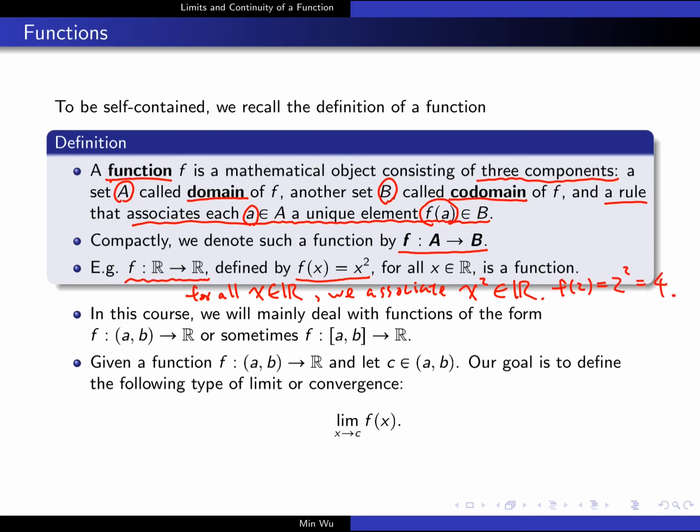Alright, so this is basically functions.